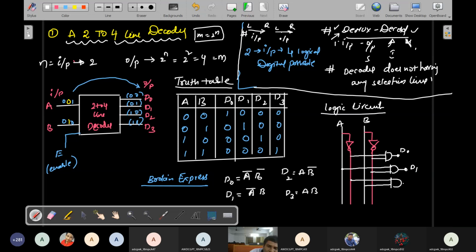This is called D2, and the third one is AB. Simply take one line from A and one connection from direct B, so this is D3. So this is the logic circuit diagram of the 2:4 demultiplexer.